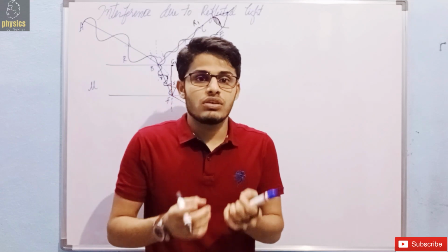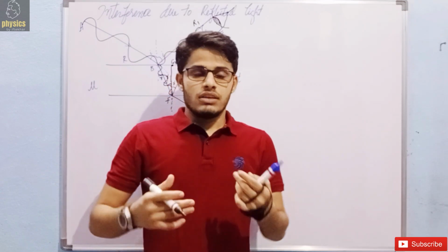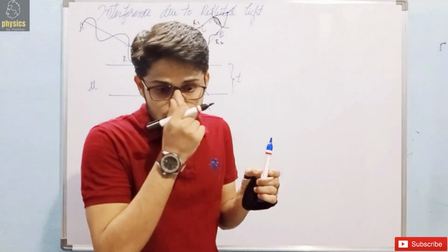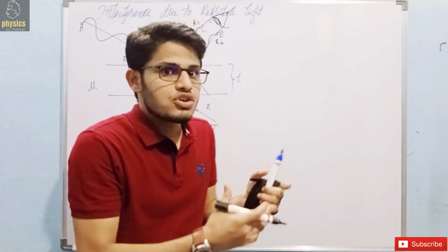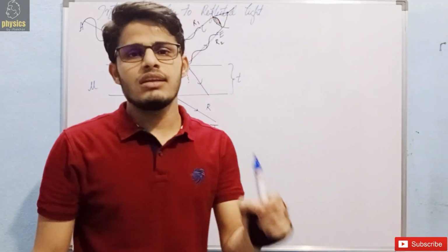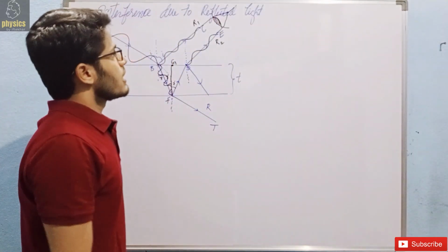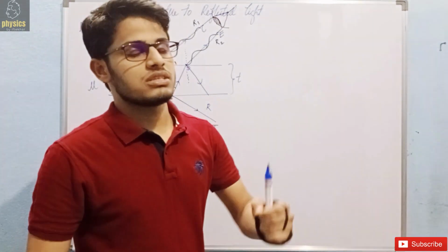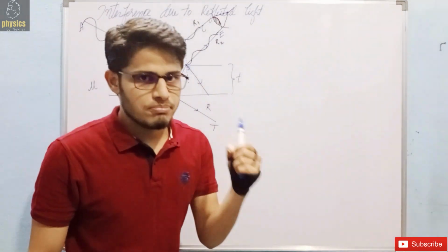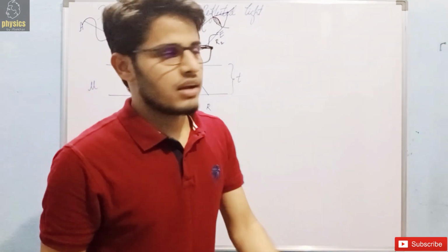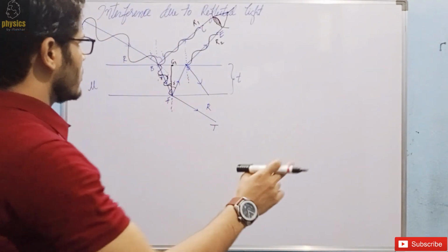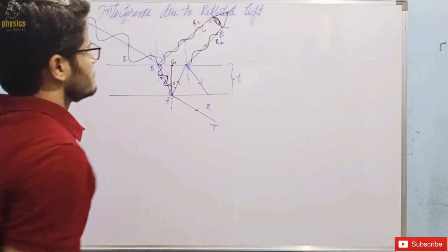The condition tells you what the path difference should be to get a constructive fringe, and what it should be to get a destructive fringe. Similarly, here we will find the path difference for constructive interference or the bright fringe, and for destructive interference or the dark fringe. So let's get started.